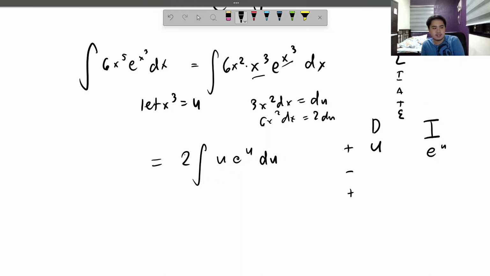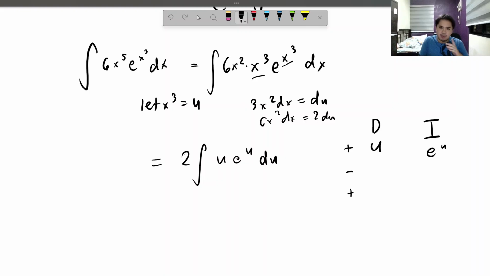Then T is, anyway, I forgot what it was for. Anyway, I don't recommend memorizing LIATE. I recommend just having an instinct for it. Practice over and over until you get what is appropriate in the D column and appropriate in the I column.